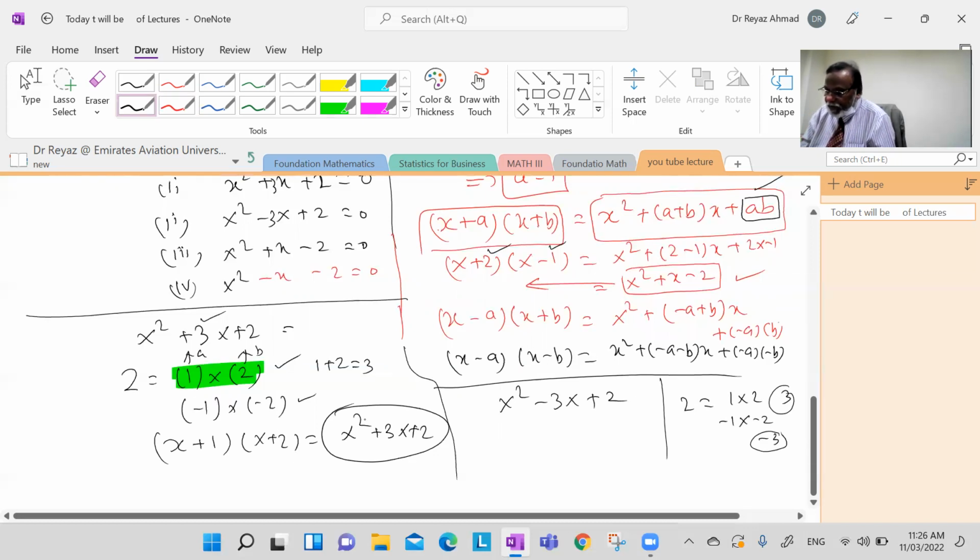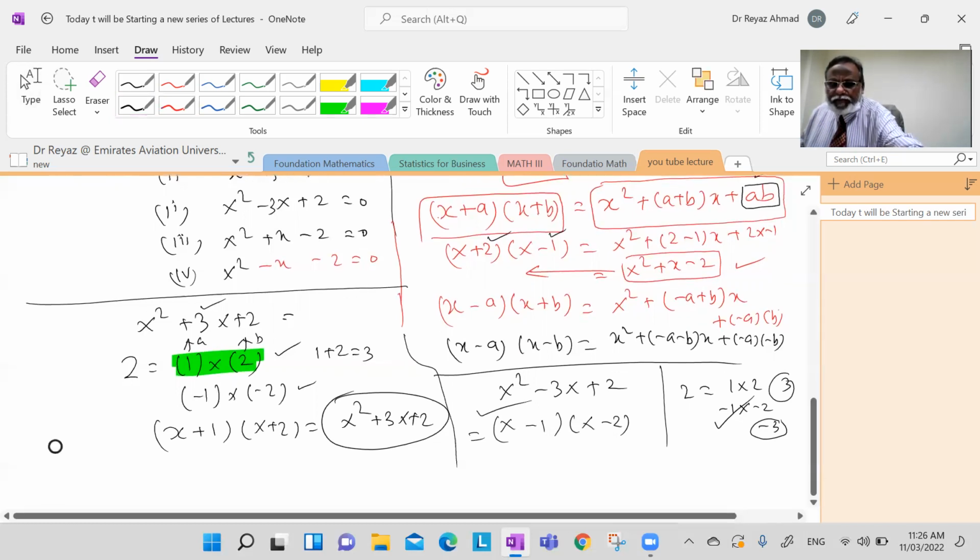The middle term in this case is minus 3. So my acceptable combination is this. I will put x and here x, plus the number minus 1, plus the number minus 2, and this becomes its factorization.